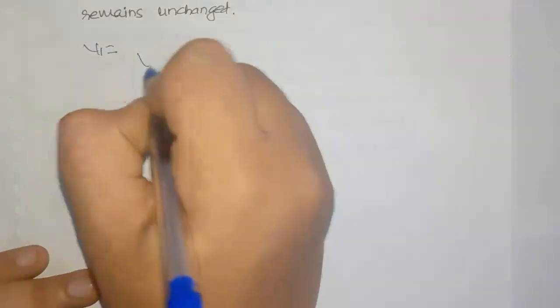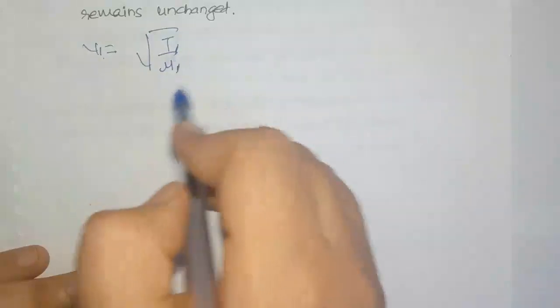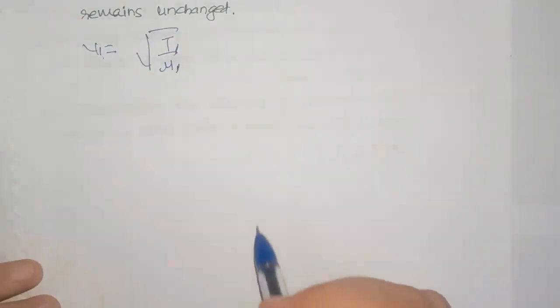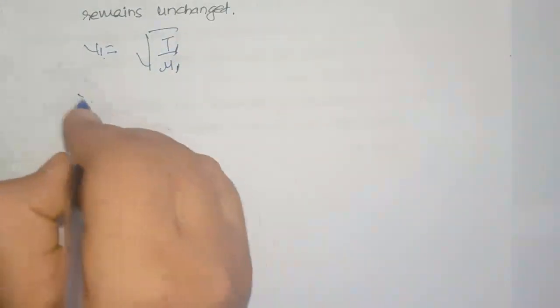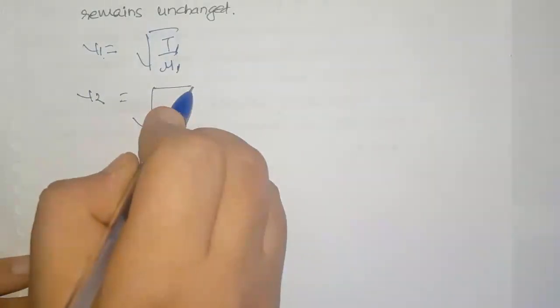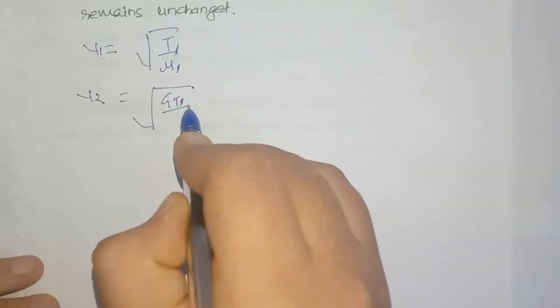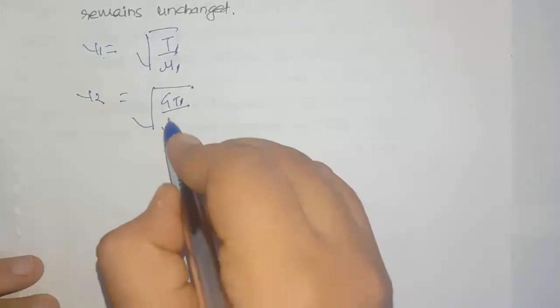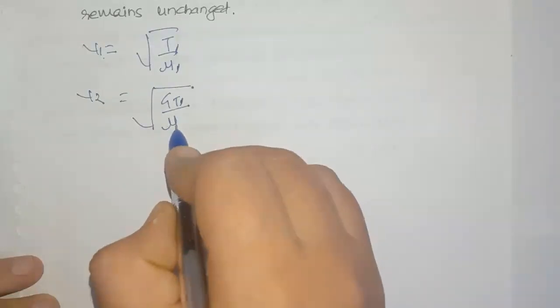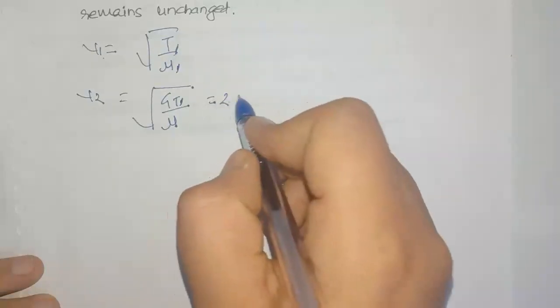The velocity of the wave is given by root T by mu. So V1 will be root T1 by mu, and mu will be the same. The new velocity V2 will be equal to root of 4T1 divided by mu, so that will be equal to 2V1.